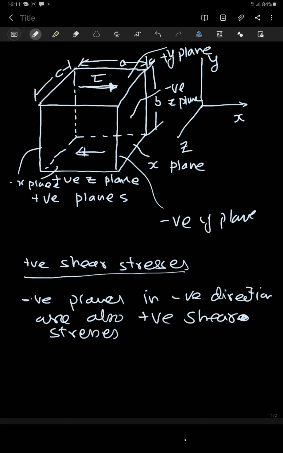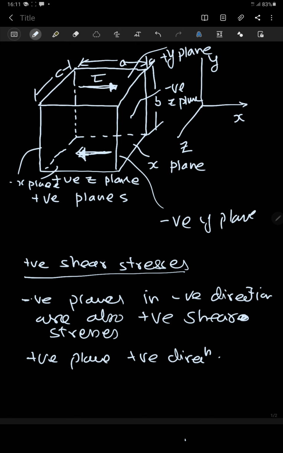So this is the example. On top, you can see here tau, where shear stress is acting in the positive x direction. The shear stress acting on the negative plane in the negative direction is also called a positive shear stress. So positive planes and positive direction.